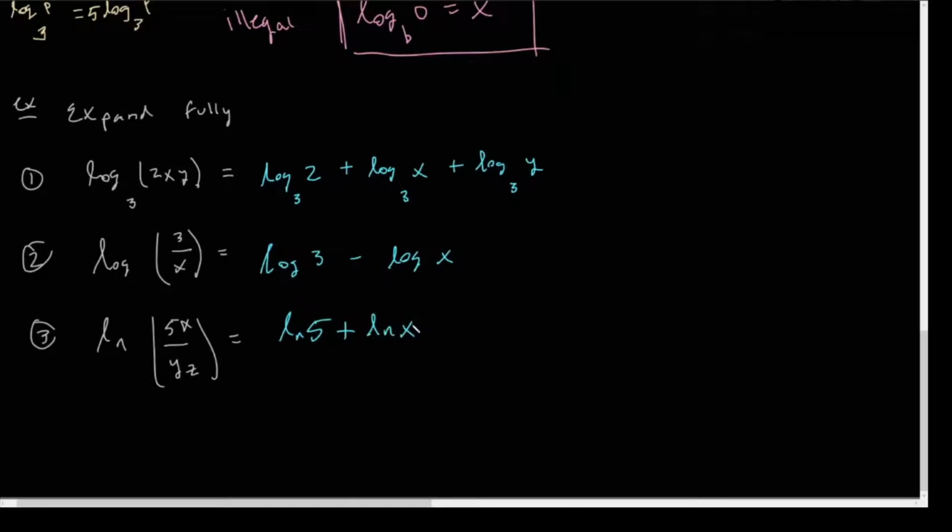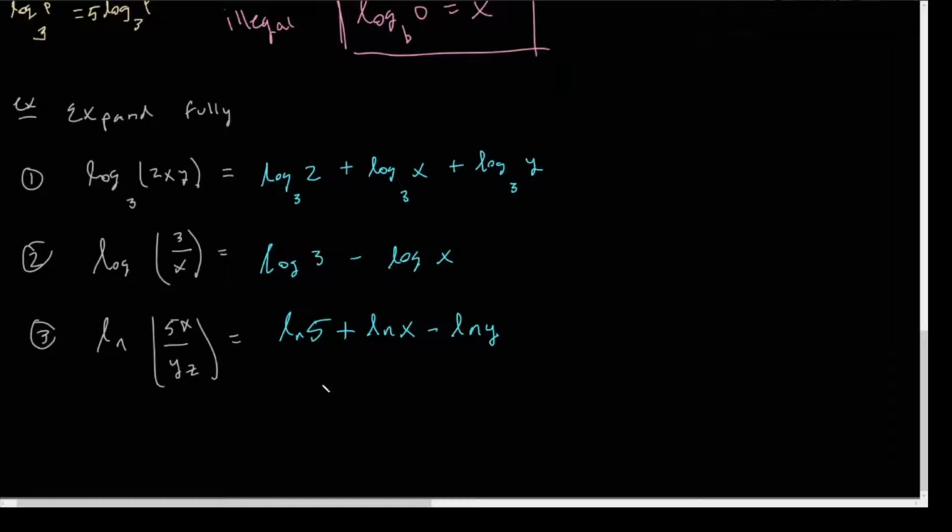And then minus natural log y, we're dividing by y, but is it minus or plus z? I thought it would be plus z because it's multiplication. This is ln.